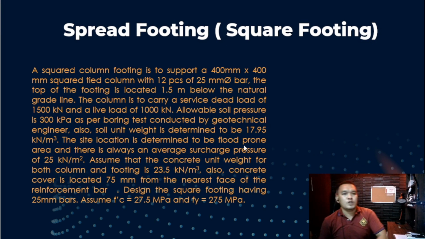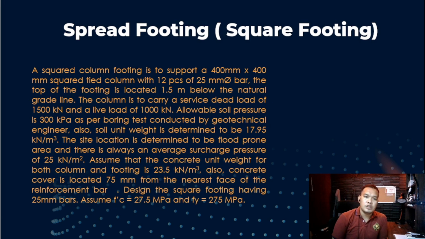We have here a square column footing to support a 400 mm by 400 mm square tied column with 12 pieces of 25 mm bar. The top of the footing is located 1.5 meters below the natural grade line. The column is to carry a service dead load of 1,500 kN and a live load of 1,000 kN. Allowable soil pressure is 300 kPa as per the boring test conducted by the geotechnical engineer. Soil unit weight is determined to be 17.95 kN per cubic meter.